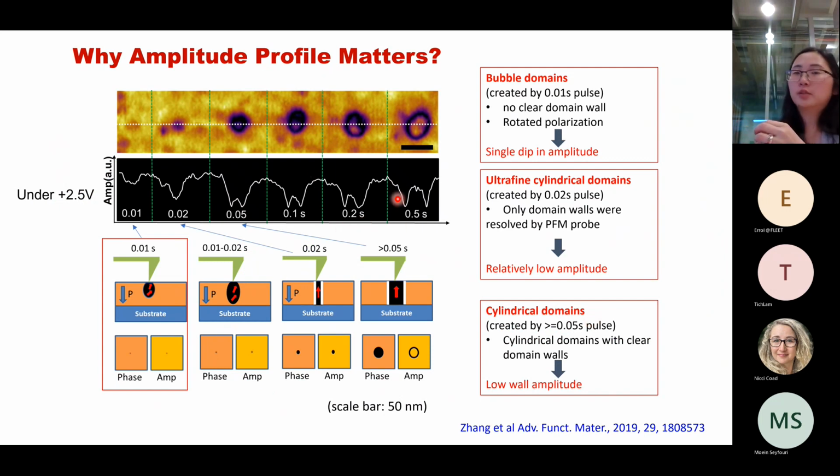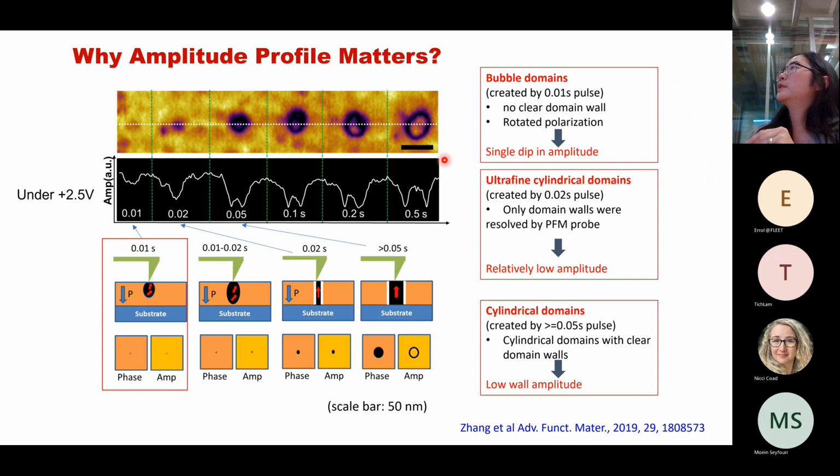To verify this, we also did some experiments. First we cleared the domain area, and then we created different types of domain structures under bias pulses.